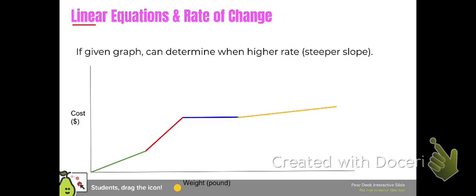So you can easily look at that graph and see that the red portion here is the steepest. Or you could calculate the slope of each of these lines and see which one is the biggest. Either way, you will see that this portion from here to here has the highest rate.